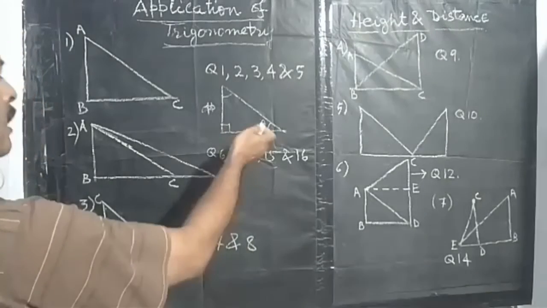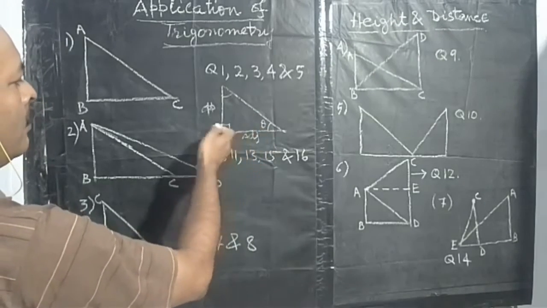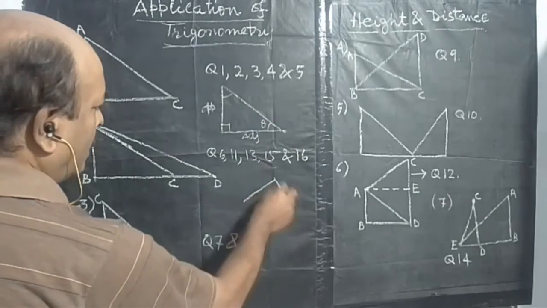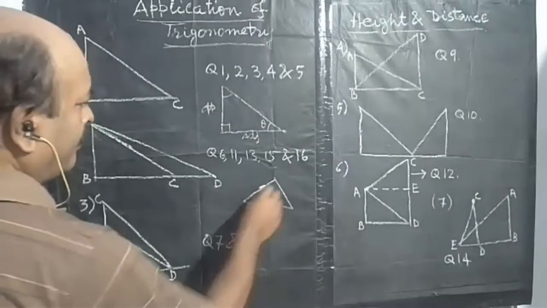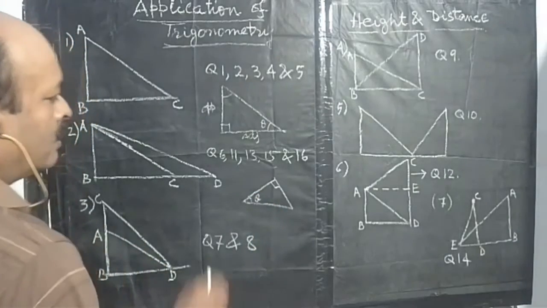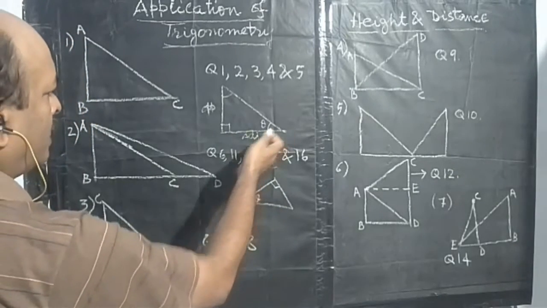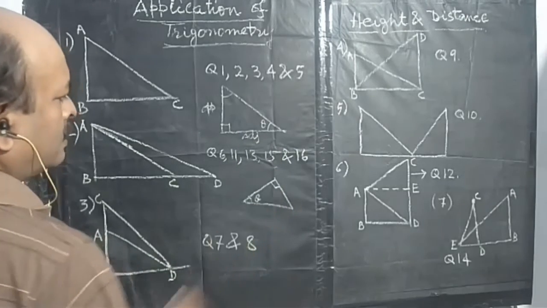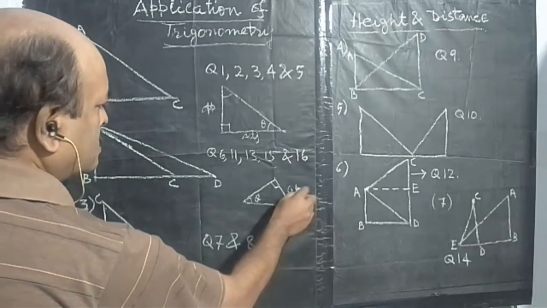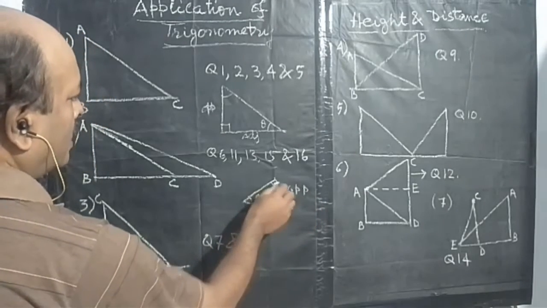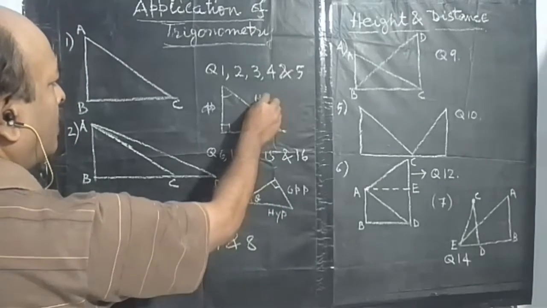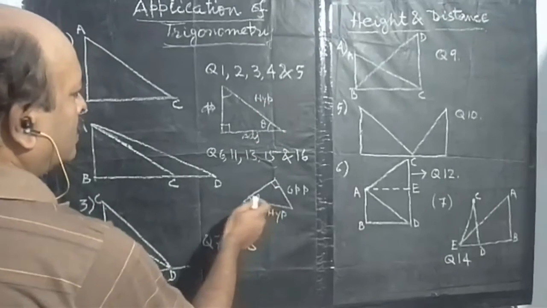Don't say base or altitude, because the triangle may look like this also. This is also a right angle triangle, and suppose this is the acute angle. Now, if you say this is the base, you may get confused. So here this one is the opposite side, and the side opposite to the right angle is the hypotenuse.